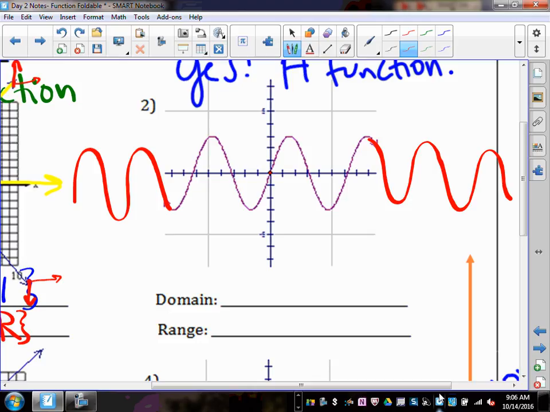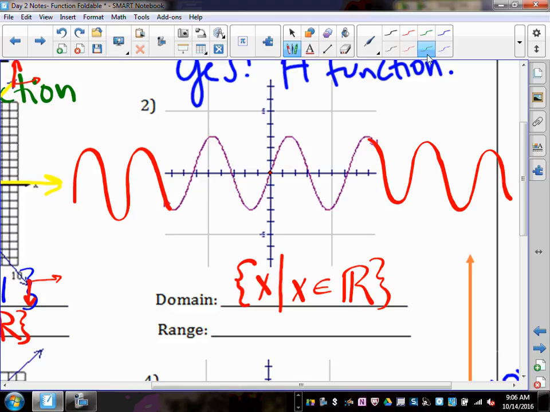And it continues all the way to positive infinity. So your domain this time is all real numbers. So x belongs to all real numbers.